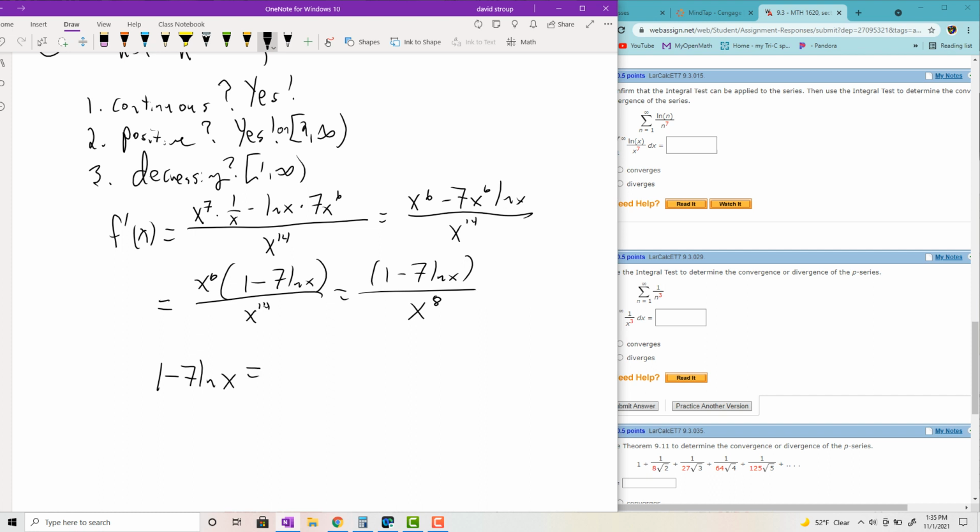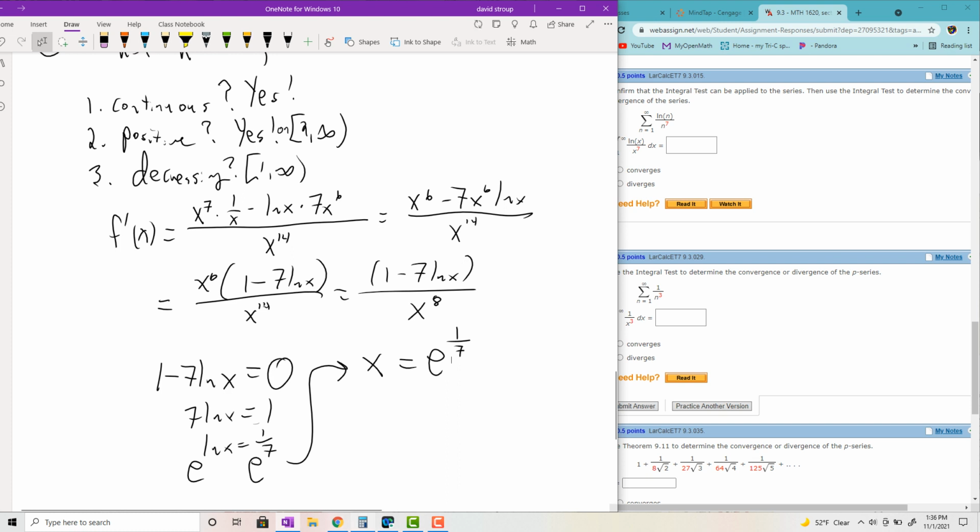You can learn how to do that in Calc 1. Solve this equation, so you get 7 ln x equals 1, ln x equals 1/7, and then you have to exponentiate. So exponentiating both sides, e to the ln of x equals e to the 1 over 7. E to the ln of x is x, so x equals e to the 1 over 7.